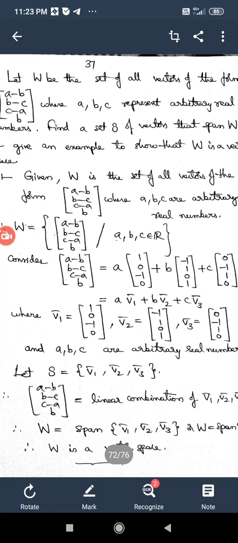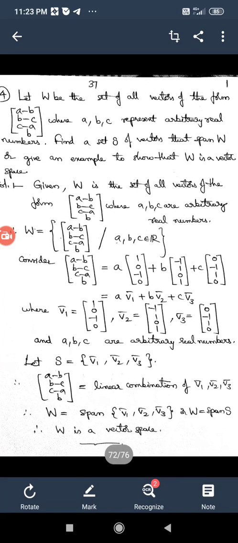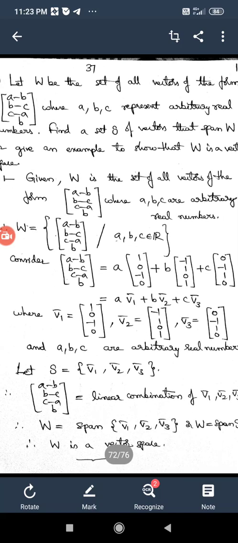Here in this case that vector space is nothing but R4, because every vector in W we are taking as a 4 by 1 column vector, and all the 4 by 1 column vectors are the elements of R4, and by prerequisites of this chapter of this subject we know that R4 is a vector space.